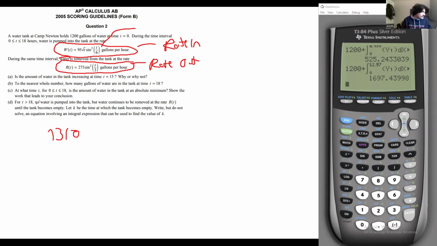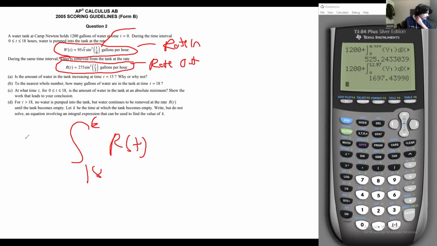Since we're starting at t equals 18 and going until we run out of water, you can take the integral from 18 to k of r of t. Why did I use r of t? Because the question says we're not increasing the water amount anymore, so we're not going to use w of t.